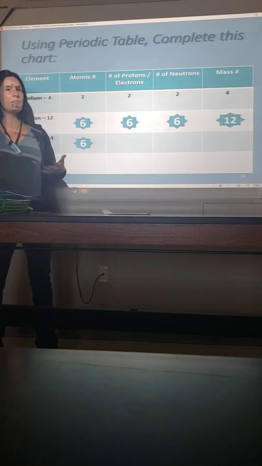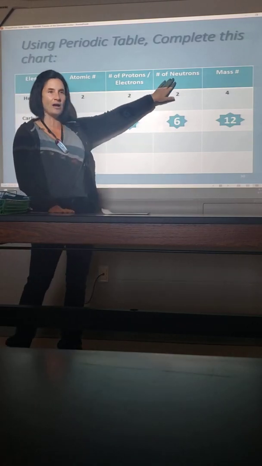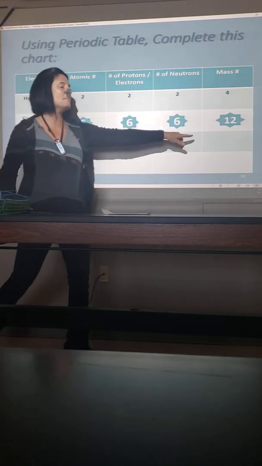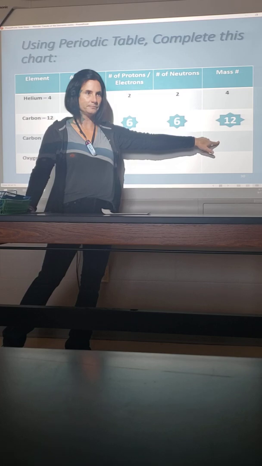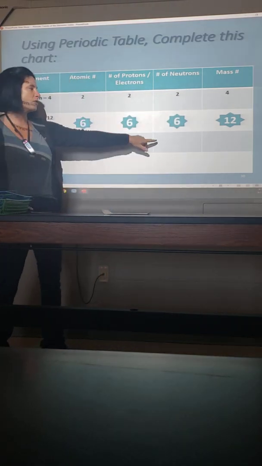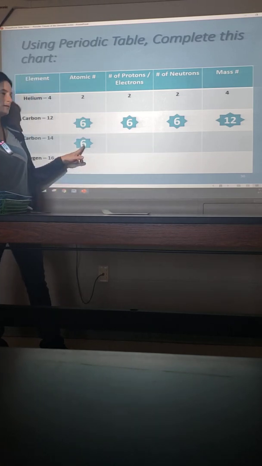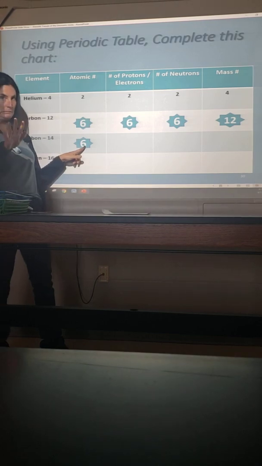Because if we don't know the mass number, then we can't figure out the number of neutrons. So if this is carbon-14, the mass number is 14, right? And then we can figure out how many neutrons we have, because we can take 14 minus our 6. You guys following me? Yes or no?